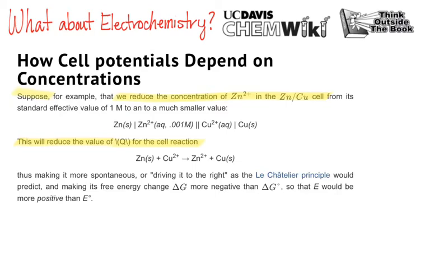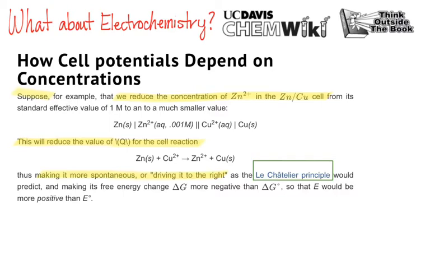If I were to reduce the concentration one way or another in that cell, then we're going to reduce the value of the K value for the cell reaction, making it more spontaneous, and ultimately if I reduce the value of the products, I'm going to make that reaction more spontaneous, and I'm going to drive it to the right.